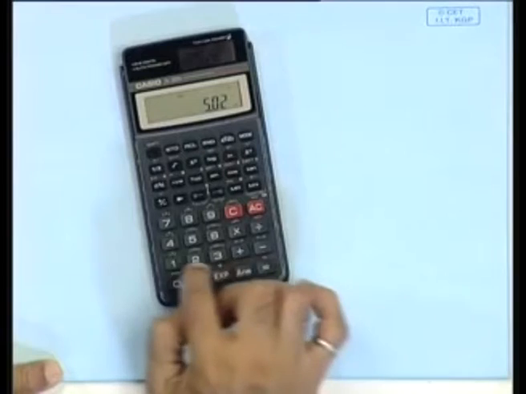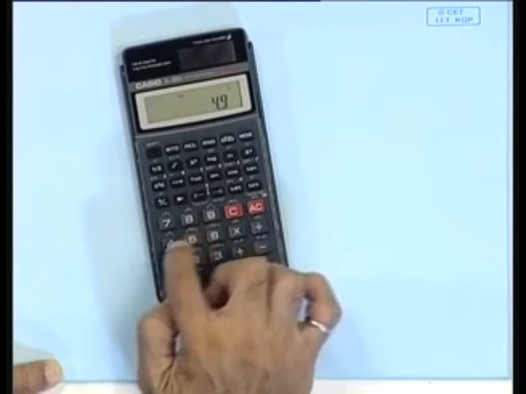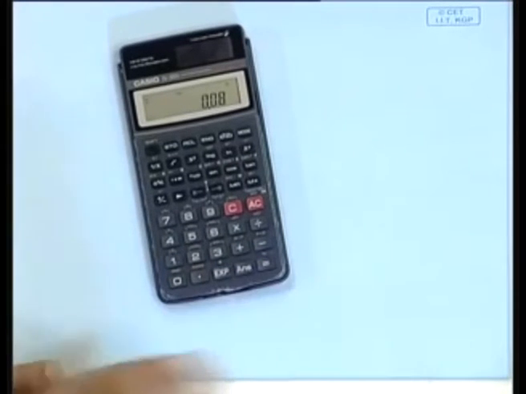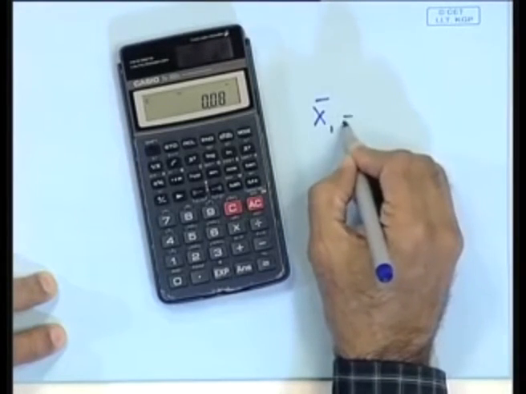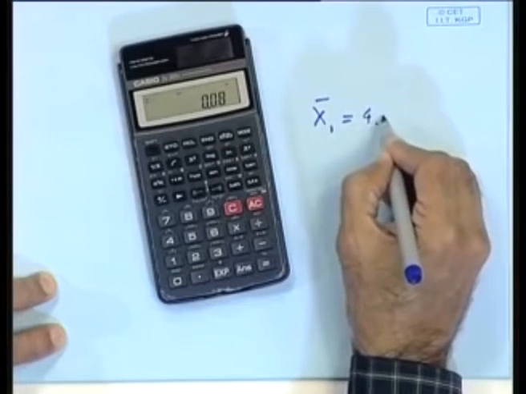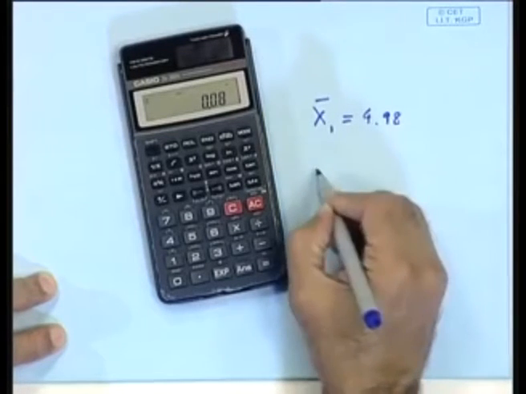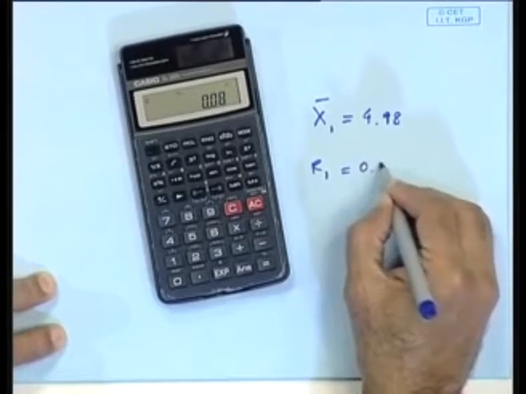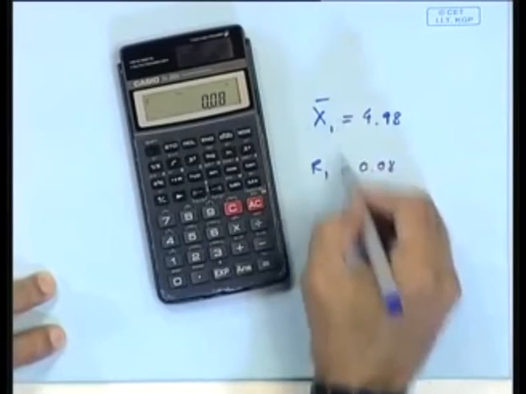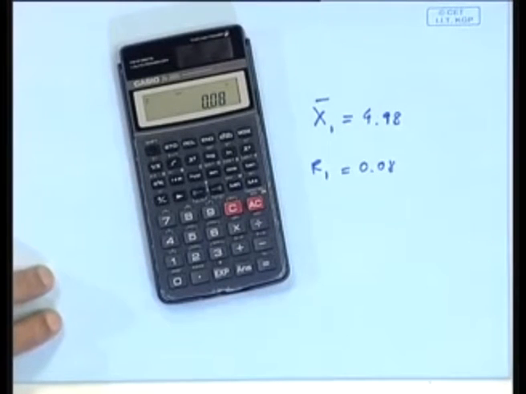So, I do minus 4.94 and I do an equal and I get 0.08. That is the value of R. So, what have I got here? I've got two quantities: X bar 1 equal to 4.98 and R1 equal to 0.08. These quantities are for the first sample.